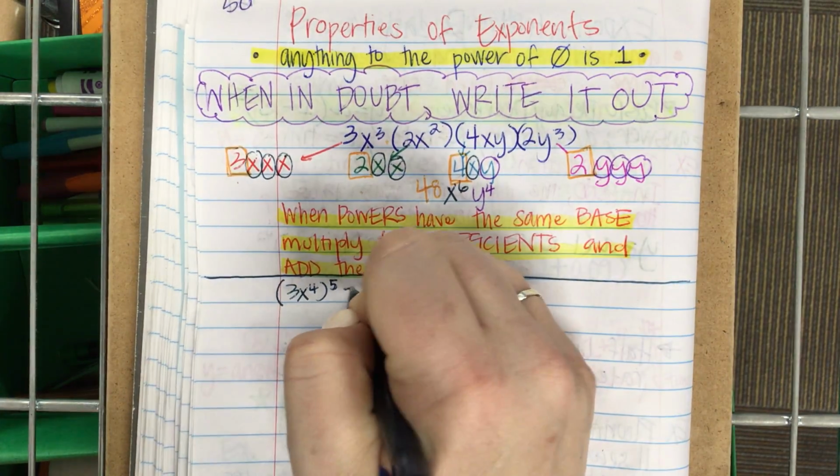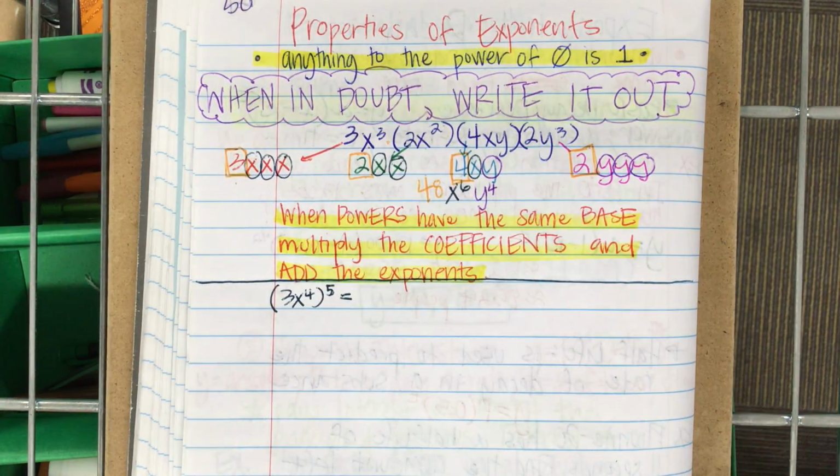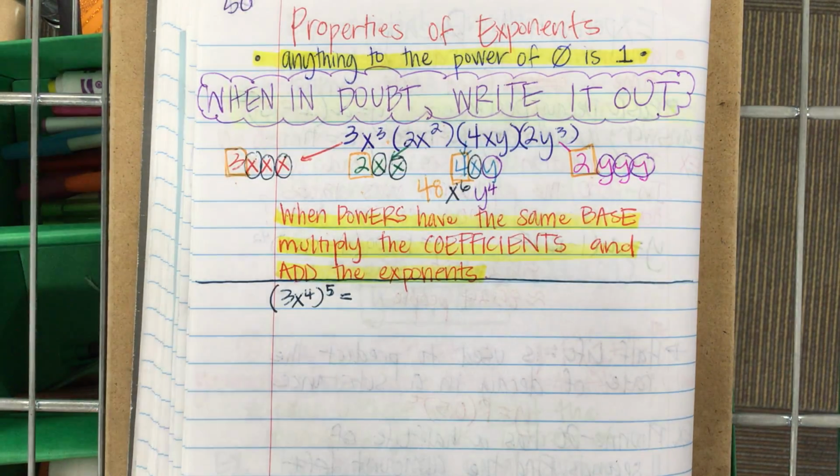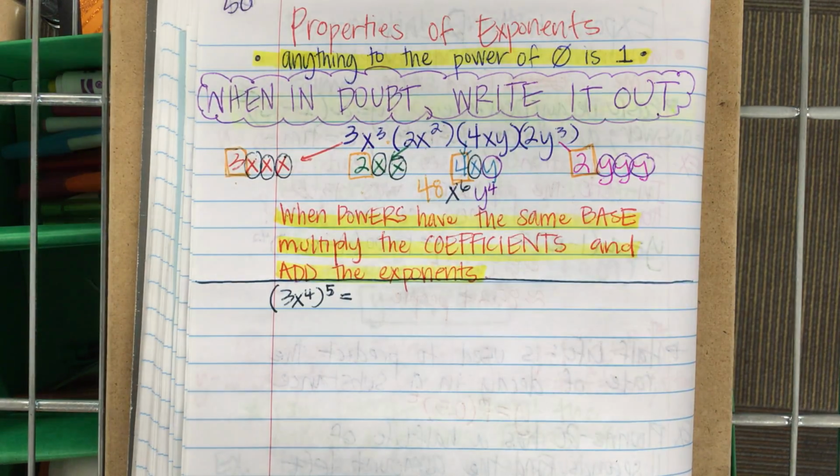Expand it. So what does 3x to the 4th to the 5th mean?